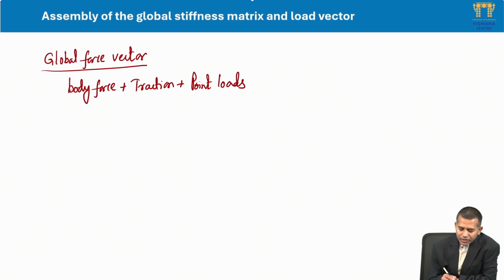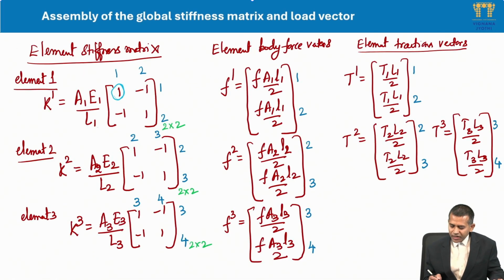We know how to write the body force vector and traction vector, and for point loads you just have to put them where our nodes are. If you take the body force, we have already derived these body force vectors: F1 for element 1, and F2 for element 2 and element 3. Similarly, we have the traction vectors also, T1 and T2, right?